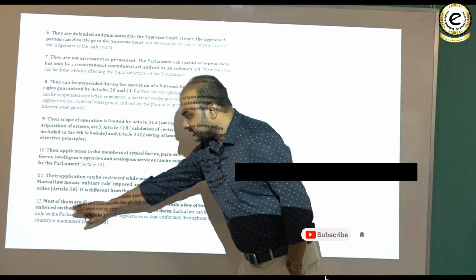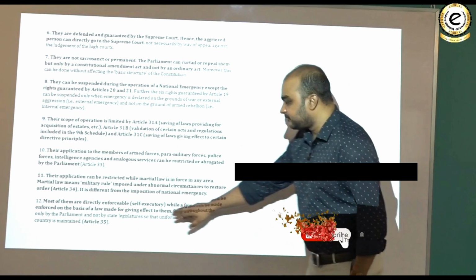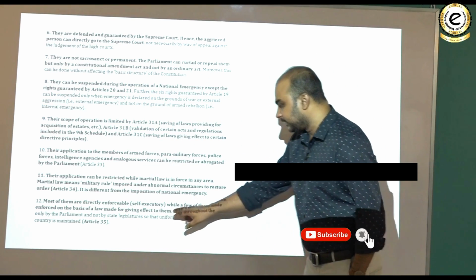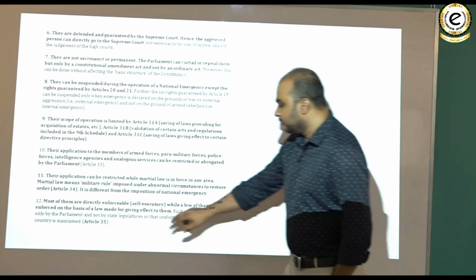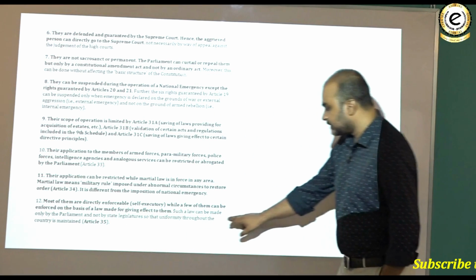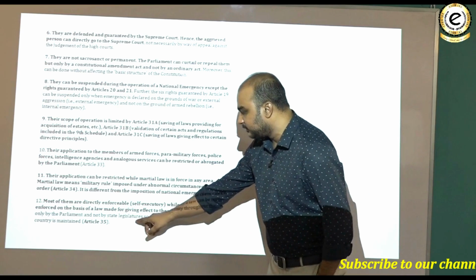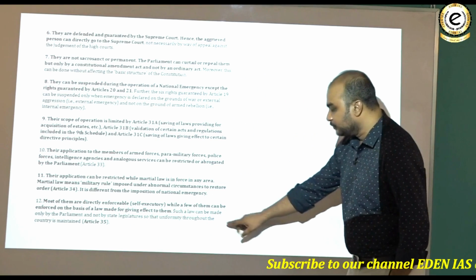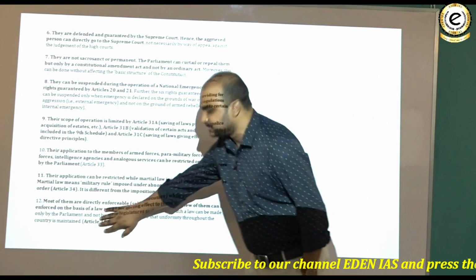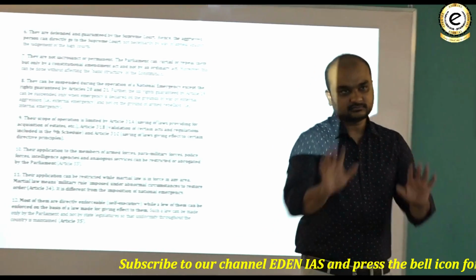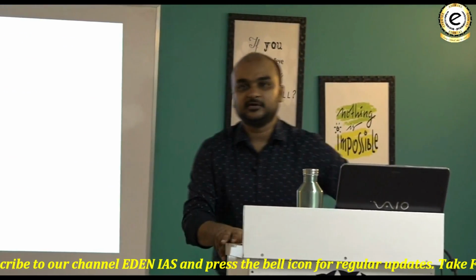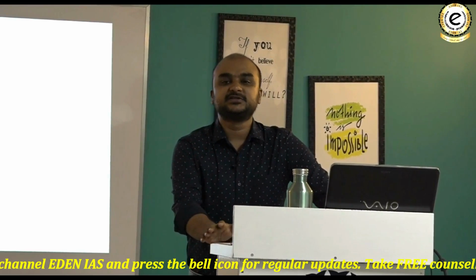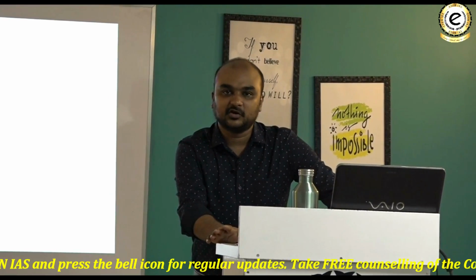The next characteristic says most of them are directly enforceable. It means self-executory, while a few of them can be enforced on the basis of a law made for giving effect to them. Such a law can be made only by the Parliament, not by state legislature, so that uniformity throughout the country is maintained. Now, think of Article 14, which says equality before the law and equal protection of the law.